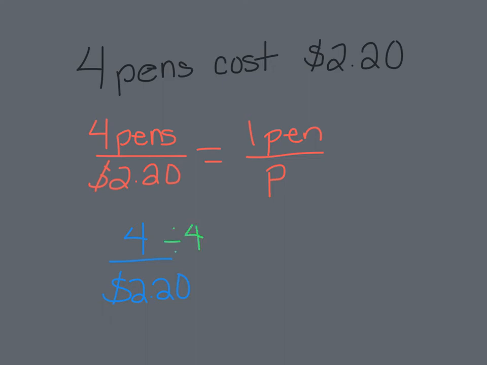So divided by 4 and divided by 4 on each of them, and then that would give us 1 over 55 cents. So 1 pen would cost 55 cents.